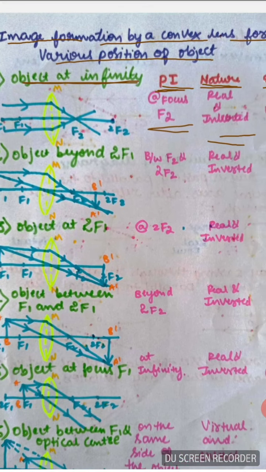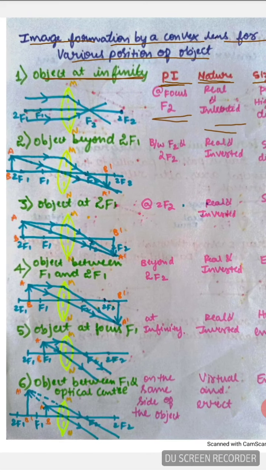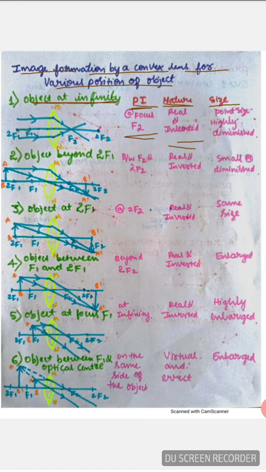Okay, so in the case of the object placed beyond 2f1, the image will be obtained between f2 and 2f2. So this is f2 and this is 2f2. Between f2 and 2f2 we are getting the image. You can see the image is inverted, that is, the rays are actually meeting, so it is real and inverted.